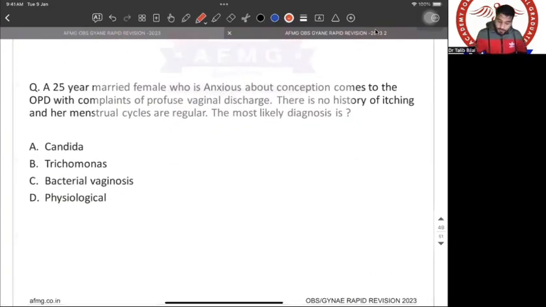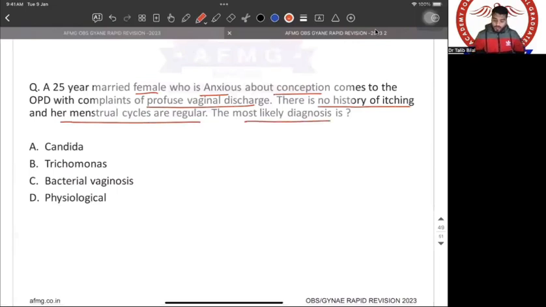A 25-year married female who is anxious about her conception comes to the OPD with the complaints of profuse vaginal discharge. She is having the discharge, but there is no history of itching and her cycles are regular. The most likely diagnosis is, guys, she's anxious, okay, and she's complaining of the vaginal discharge, but there is no itching, there is no foul smell, there is nothing. Her cycles are regular. So what is your diagnosis, guys?